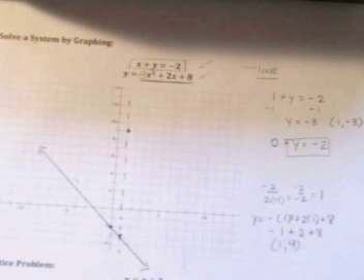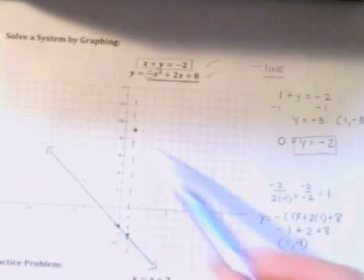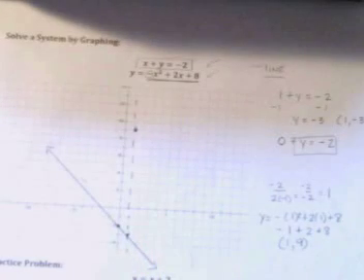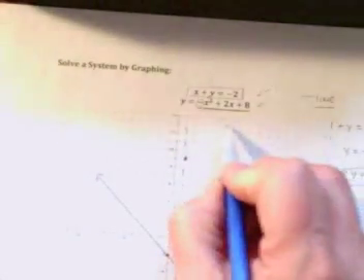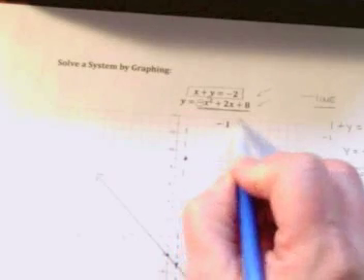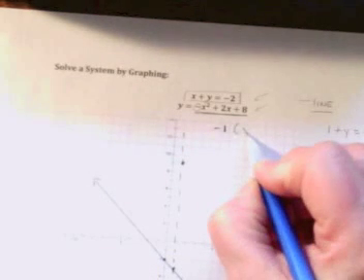So I have my vertex, and now I'm interested in finding the zeros. And it looks like we are going to have zeros because my vertex is above the x-axis and it opens down. So to find the zeros, I'm going to factor the equation. And the first step in factoring a quadratic that has a negative in front of that x squared term is to factor out a -1.